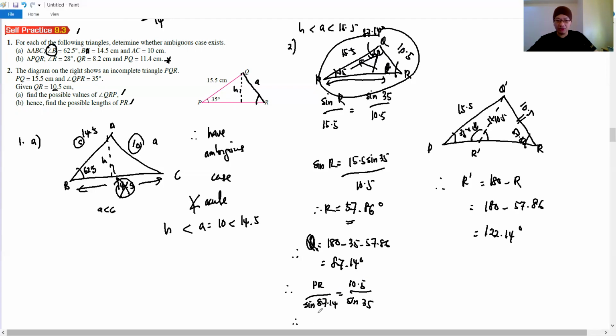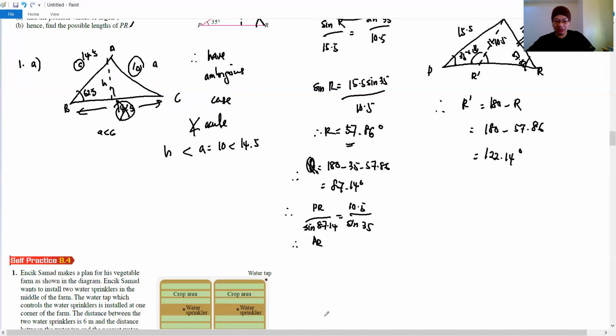So therefore your PR will be equal to 10.5 sine 87.14 over sine 35. So how much is the answer?